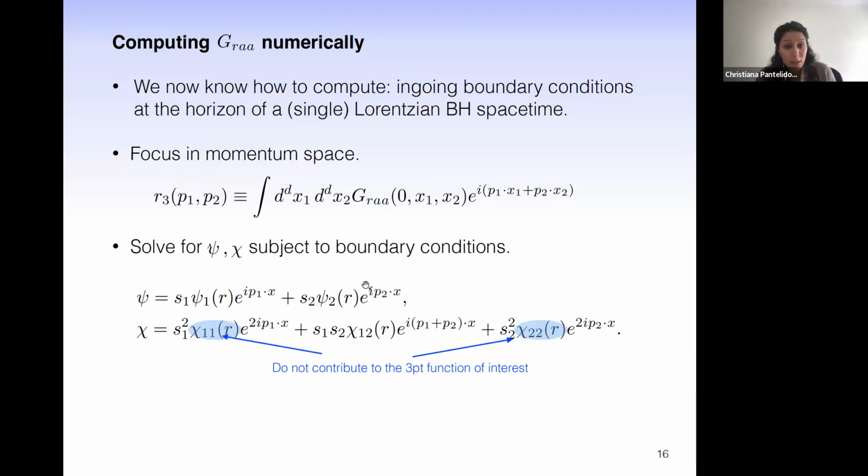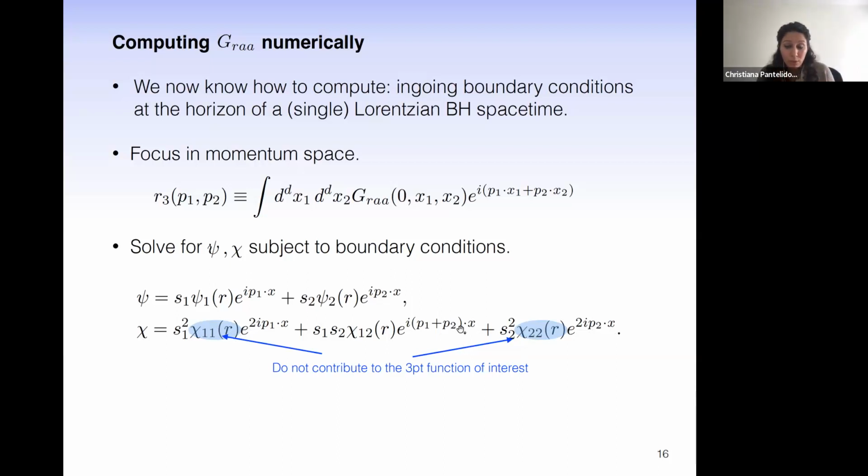Now, having this ansatz at order epsilon, this gives us the following ansatz for chi at order epsilon squared. In particular, we have three terms: chi1,1 that has momentum 2P1, chi2,2 that has momentum 2P2, and chi1,2 that has momentum P1 plus P2.